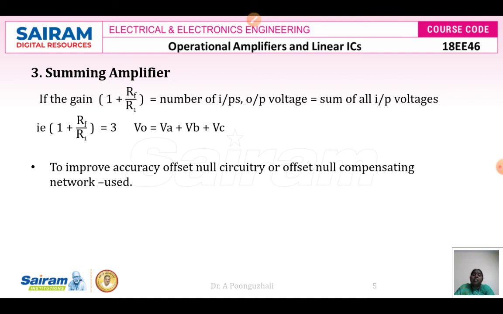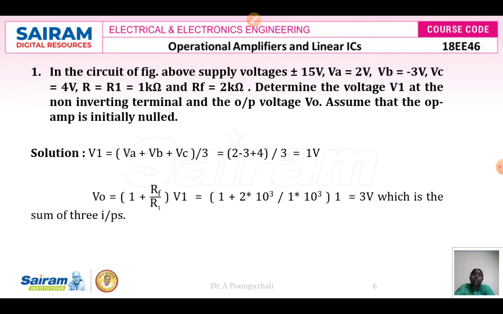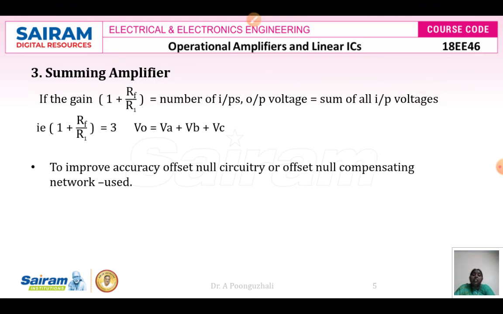So the 3 and 3 get cancelled. So V0 is equal to VA plus VB plus VC. So output voltage is equal to the summation of all the input voltages. To improve the accuracy at the output side and reduce the offset null voltage, an offset null circuitry or offset null compensating network is going to be used.